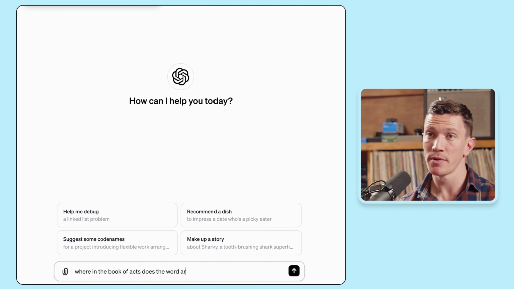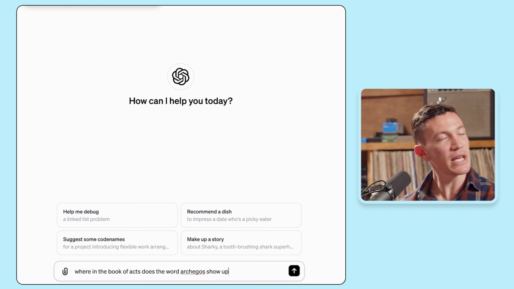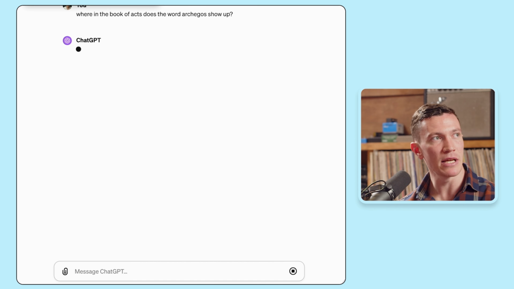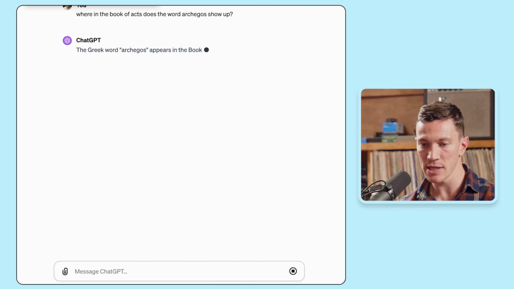So there is, I think it's Acts 3. Well, let's just do this. Where in the book of Acts does the word archegos show up? I think it's Acts 3 and Acts 5, and then I think it's in Hebrews 2, Hebrews 12, but I'm not exactly sure.